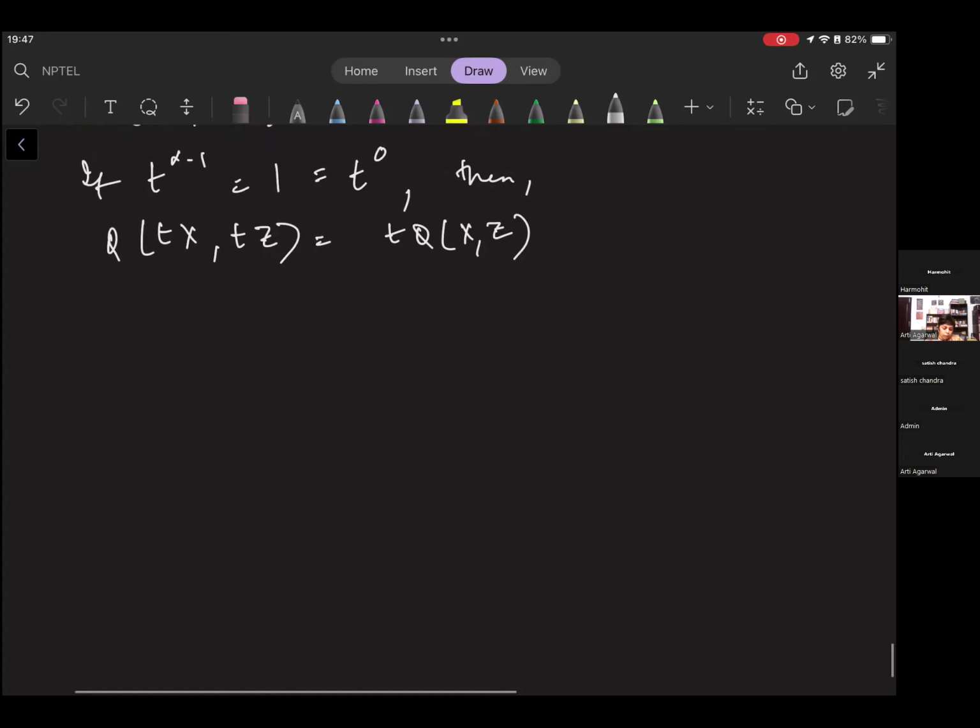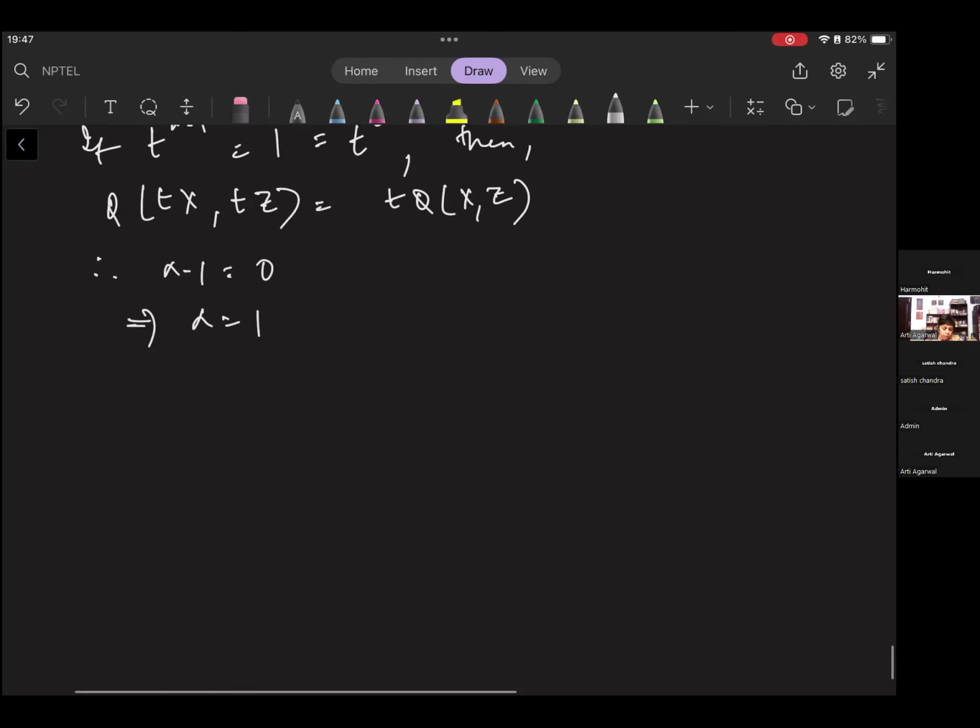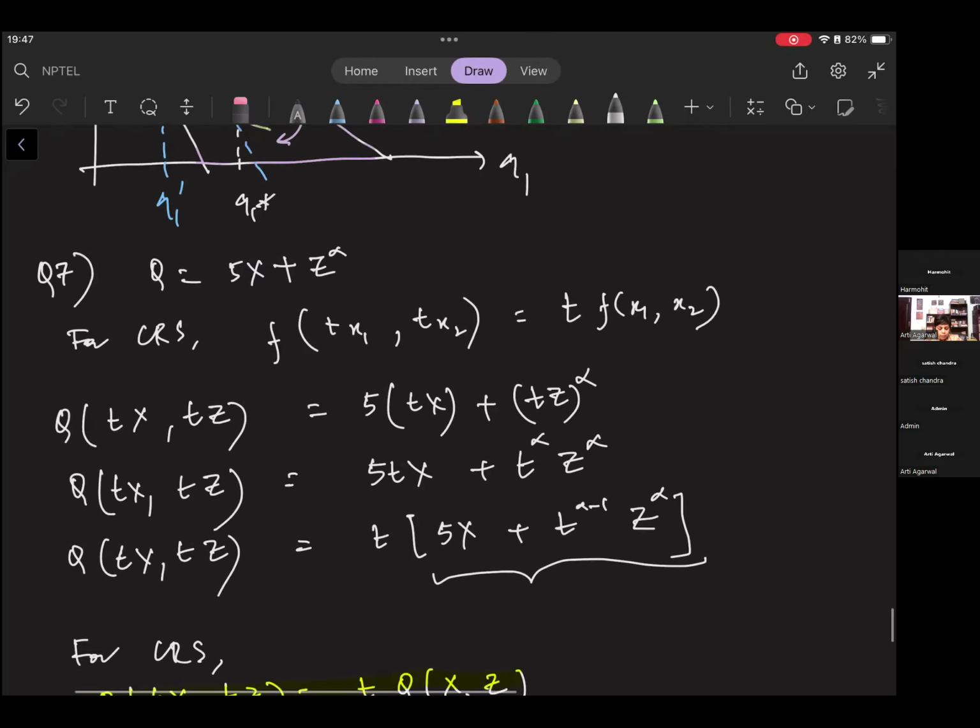Therefore, alpha minus 1 is equal to 0. Therefore, alpha is equal to 1. Which means q is 5x plus z. Now you see, if you multiply x by 2 and z by 2, what do you get? 2 times the whole thing, which means it is CRS, right? So this is a very simple question.